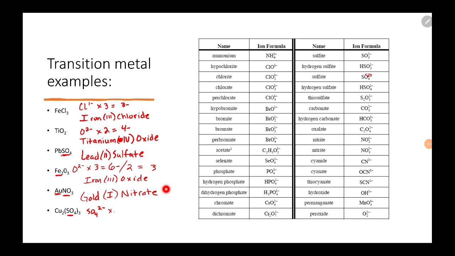There are 3 of these sulfate ions here, so there's a total of 6- charge that needs to be balanced out. We've got 2 copper ions to do the job, so they only need to balance out 3 apiece. So our copper ions will need to be +3, so the name of this compound is therefore copper(III) sulfate.